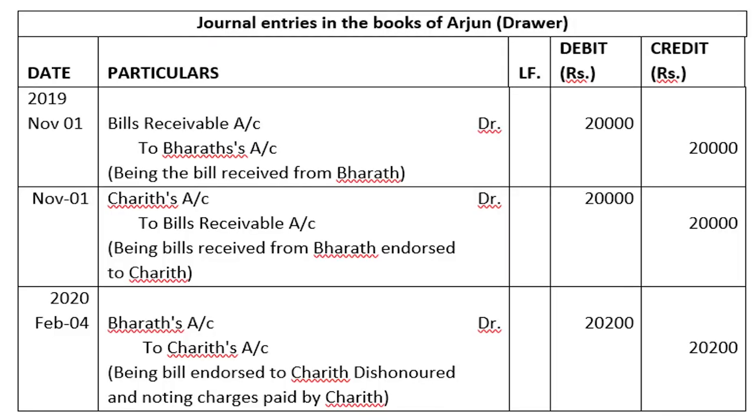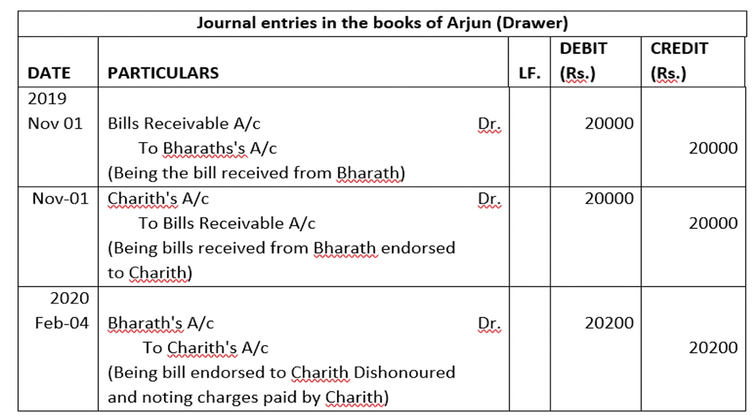Let us now see the journal entries to be passed in the books of Arjun, that is the drawer. On 2019 November 1, he has received the bill which has been accepted by Bharat. So, as bills receivable is an asset, debit what comes in, bills receivable account has been debited and Bharat is the giver of the asset.